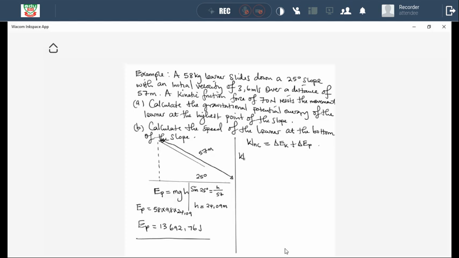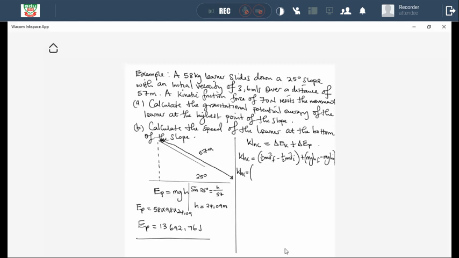So work done by non-conservative force is equal to half mv squared final minus half mv squared initial, plus mgh final minus mgh initial. Let's try to substitute there.